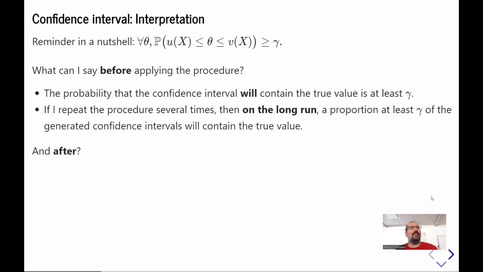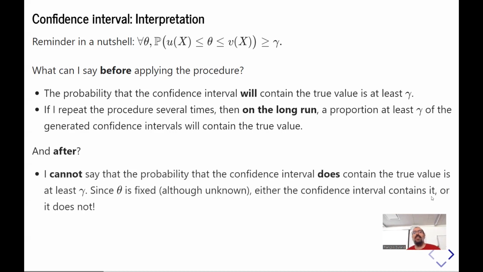You would be tempted to say that you have a probability that the parameter is in the confidence interval, but in fact, there is no probability anymore.